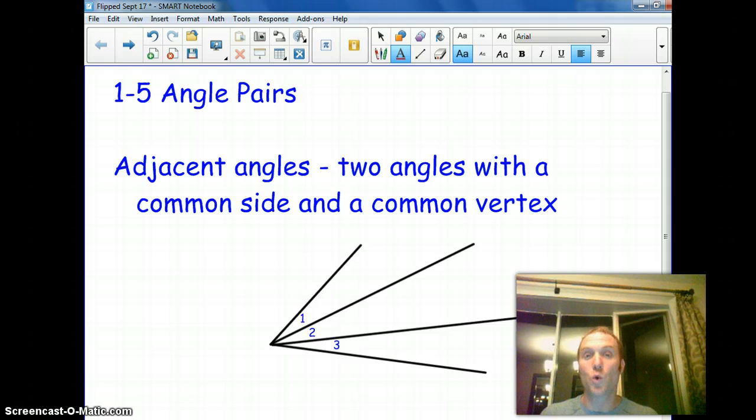Angles 1 and 2 are adjacent angles. Angles 2 and angles 3 are adjacent angles. They are sharing sides. Angles 1 and 2 share this side, and they have that vertex. 2 and 3 share this side, and they have that vertex. 1 and 3, while they share a vertex, do not have a common side. As a result, they would not be adjacent angles.